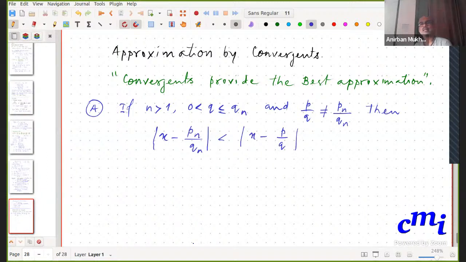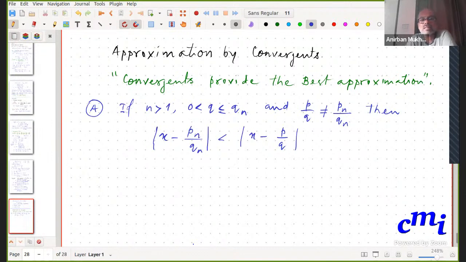So this is what I mean by best approximation. If we bound our denominators by the denominator of a convergent and choose the numerator arbitrarily, we can choose q between 1 and qn and choose any p, and write that quotient p by q, a rational number, with only the condition that it's not exactly equal to pn by qn.